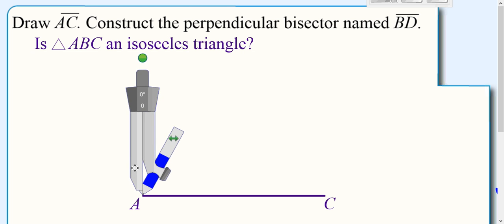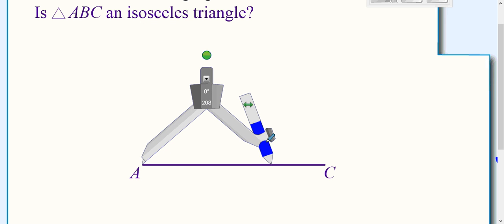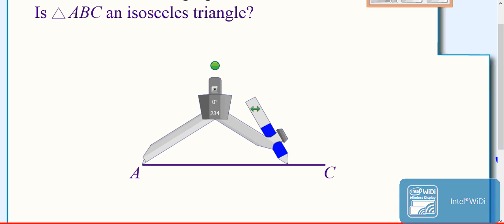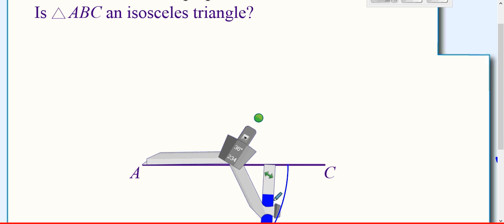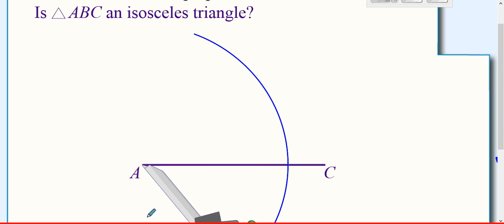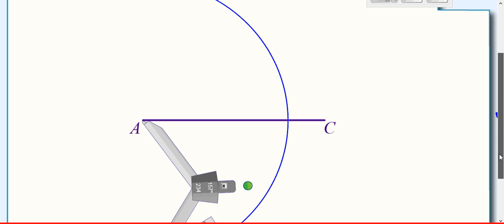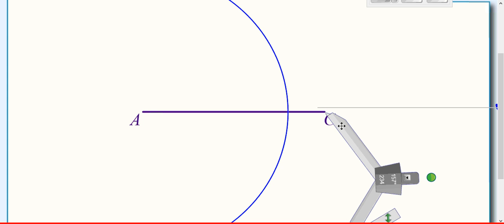So we're going to take our compass from one endpoint, from A, stretch it more than halfway, and then draw the big arc, like half of a circle. And then without adjusting your compass at all, move it over to the other endpoint, C, and do the exact same arc.